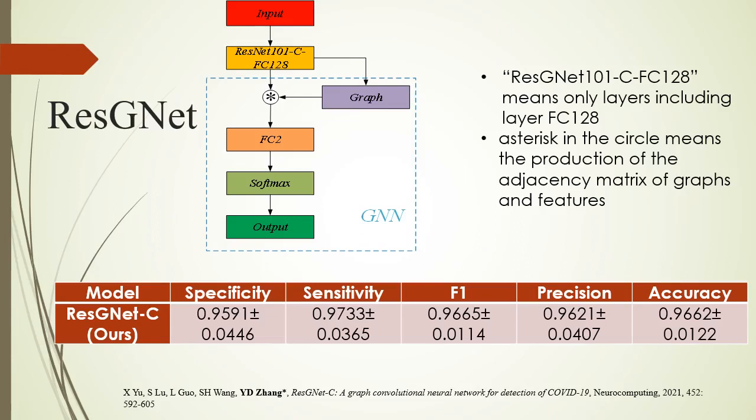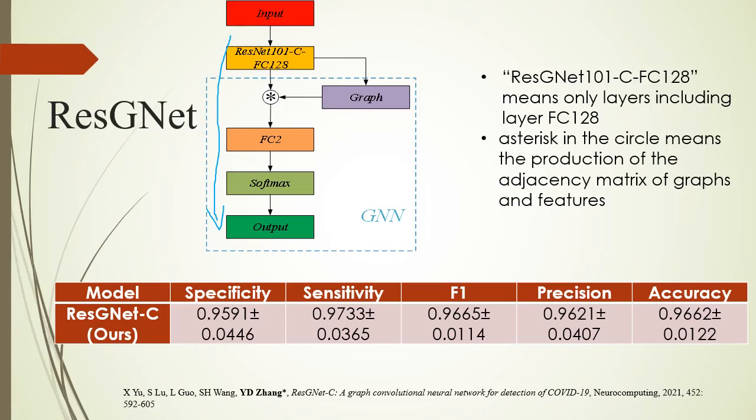The ResGNet is a fusion of the ResNet 101 with a graph neural network. We can see here the main branch. The main line is an input, then to the ResNet, and finally to a fully connected layer with 2 neurons, because in this network we only need to recognize COVID-19 from the healthy subjects.